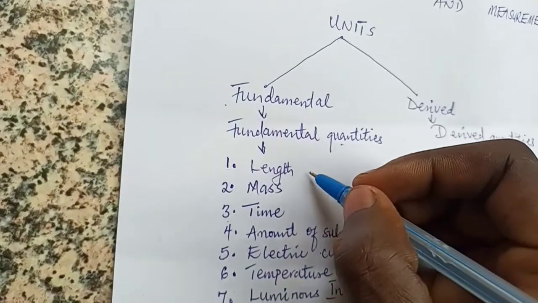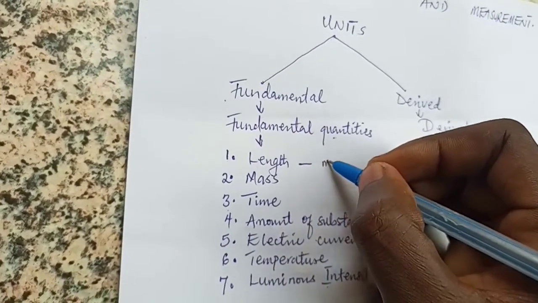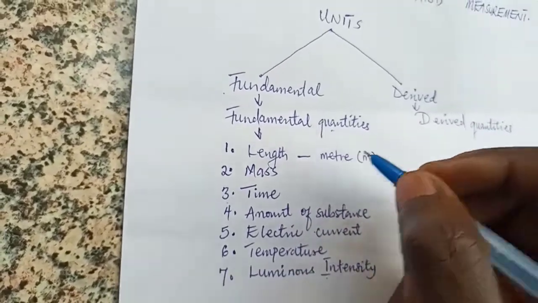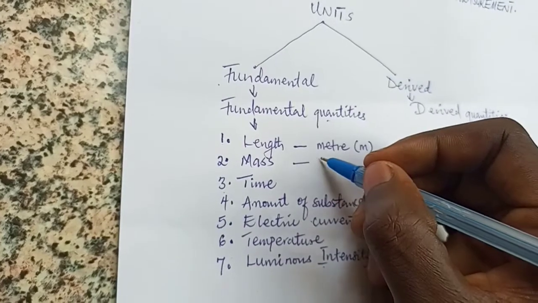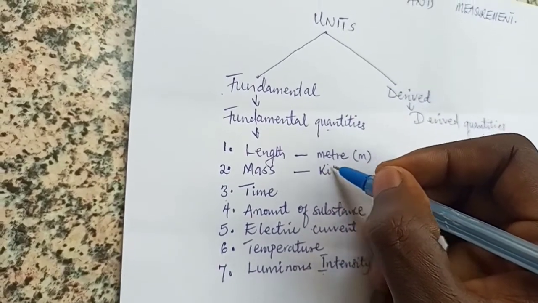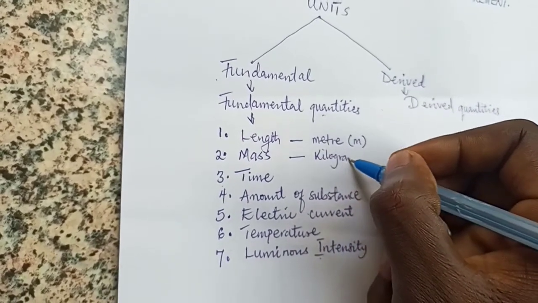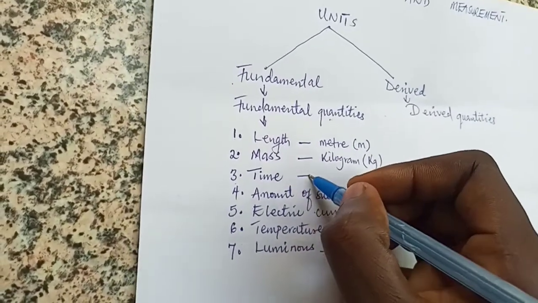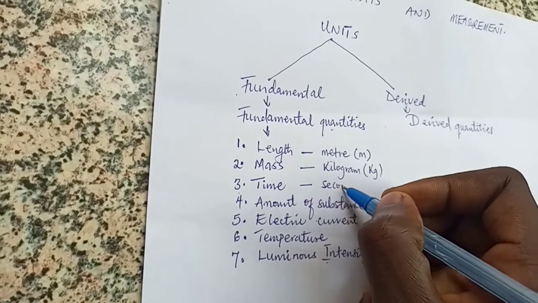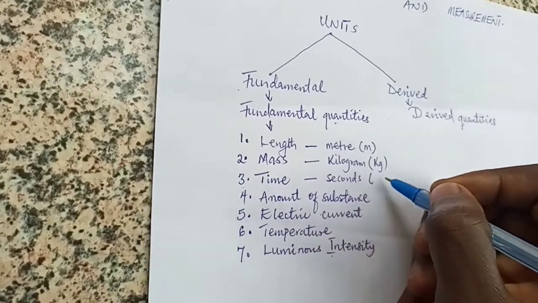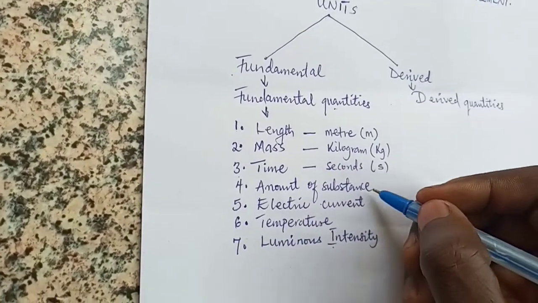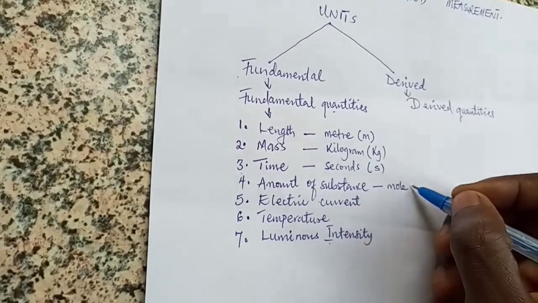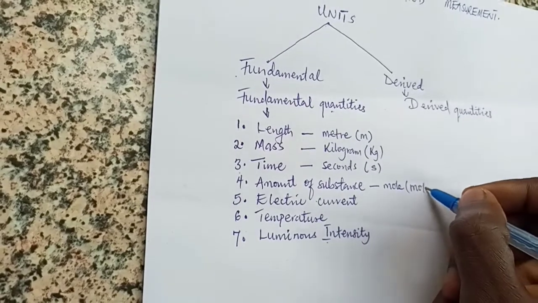And their fundamental units: for length, it is meter, abbreviated as m. For mass, its fundamental unit is kilogram, abbreviated as kg. For time, its unit is seconds, abbreviated as small letter s. For amount of substance, its unit is mole, abbreviated as mol.